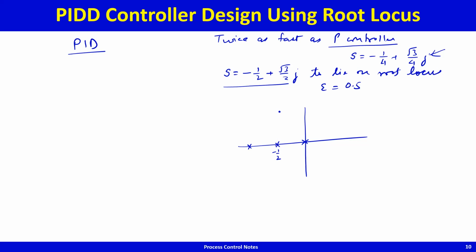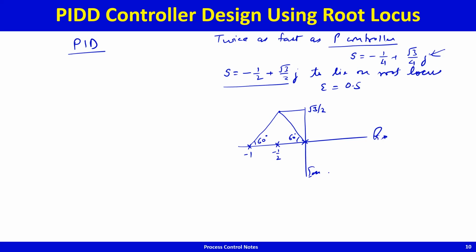So let us say, now if I put a tau d, this angle is 60 degrees, because this is minus 1 and this is square root 3 by 2. Real axis, imaginary axis.